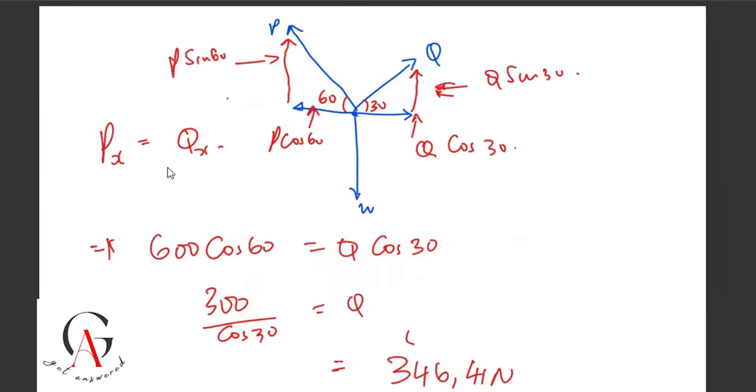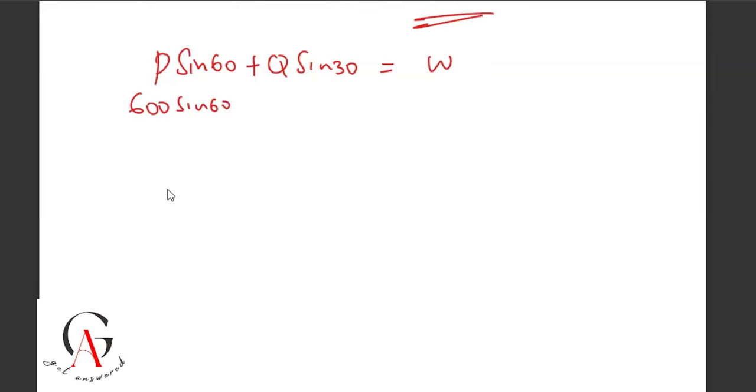And then I'll equate it to the weight that is acting downwards. So P sine of 60 plus Q sine of 30 is equal to the weight. The P is 600 sine of 60, plus 346.41 sine of 30, is equal to the weight, which is mg, whereby the g is 9.8.